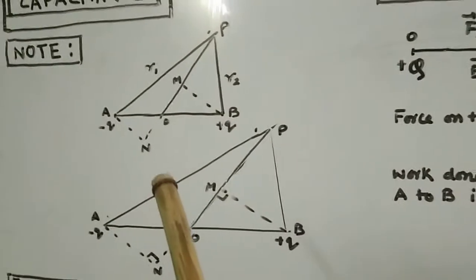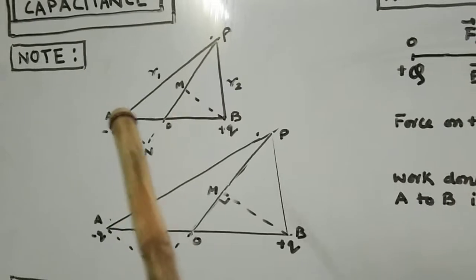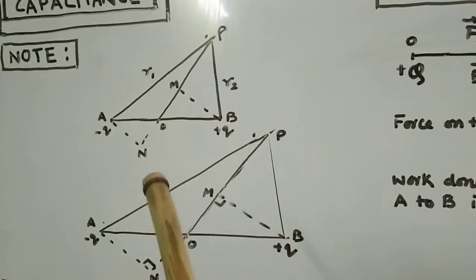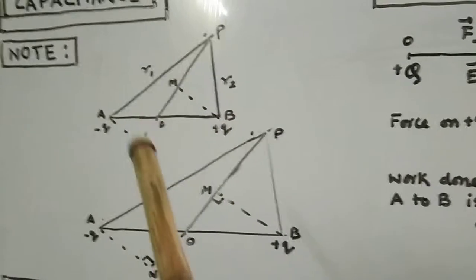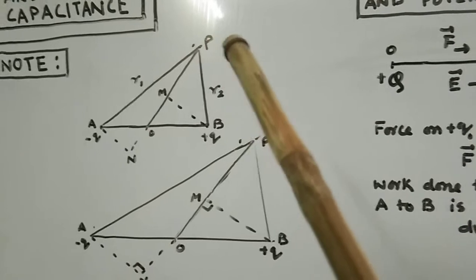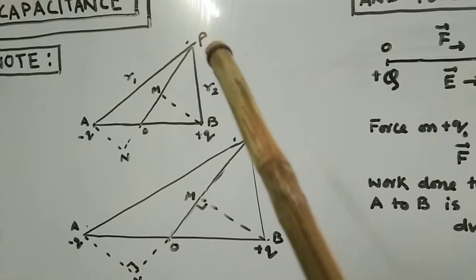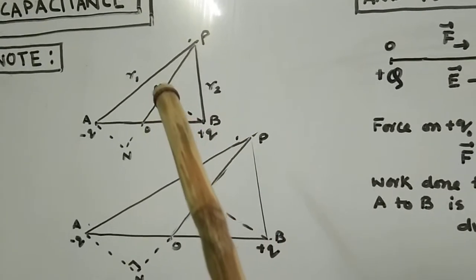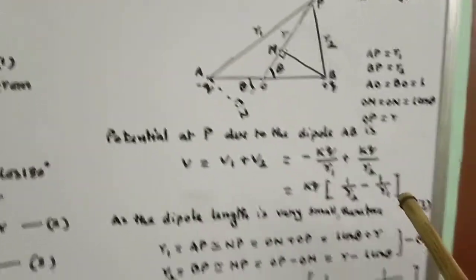So practically the dipole is very small. If the dipole length is very small, then you can approximate AP as NP, because ON is very small, and simultaneously you can approximate PB as PM. So let me consider this figure.